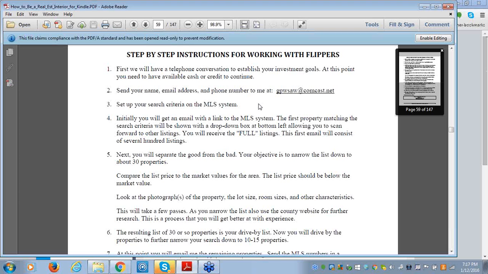So you get them under contract, you get their email. Now you can set them up on a search on the MLS system, and let's say you're in Orlando and you're down in the Lake Nona area. Okay, I'll be teaching there Friday actually. So you set them up on a search for properties that are in a specific price range in a specific school area.